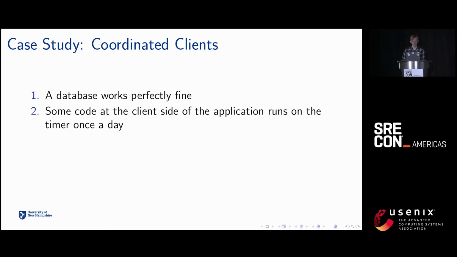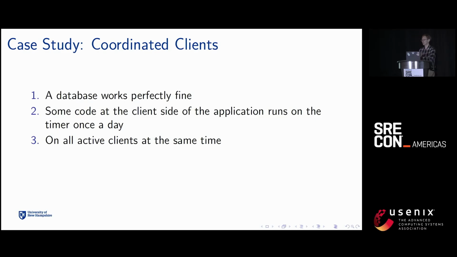It happened to be the case that these clients were coded to do something on a timer once a day, and that timer was hard-coded, so they were doing that thing all at once, right?